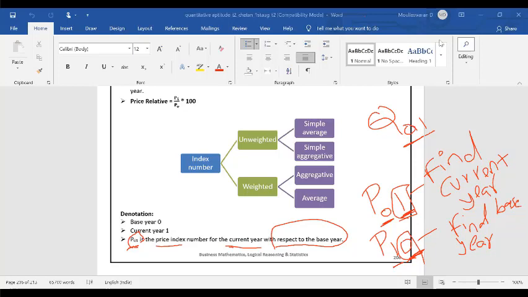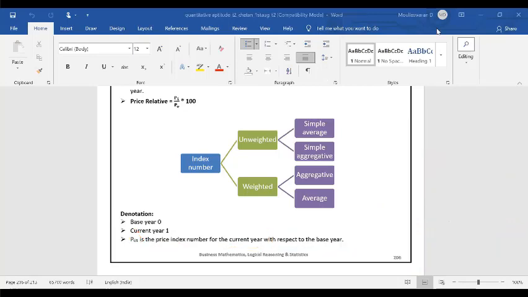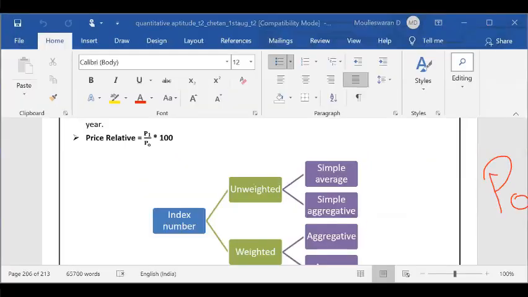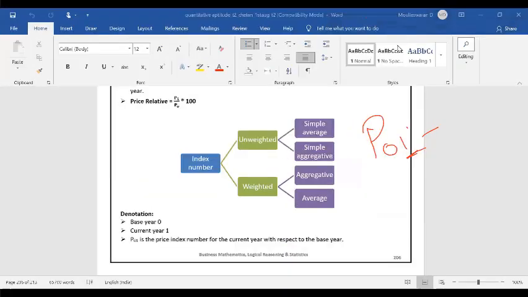Sir, repeat once, sir. See, if you have confusion where to use P01, where to use P10, one simple thing is, if it is P01, what is the last number? 1. 1 means current year. So you are finding current year.